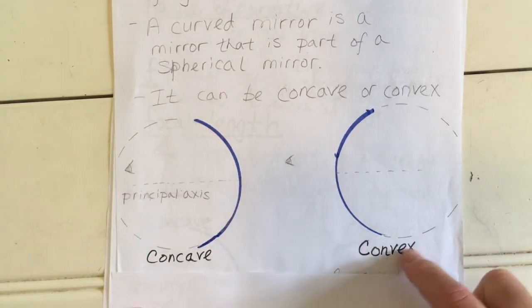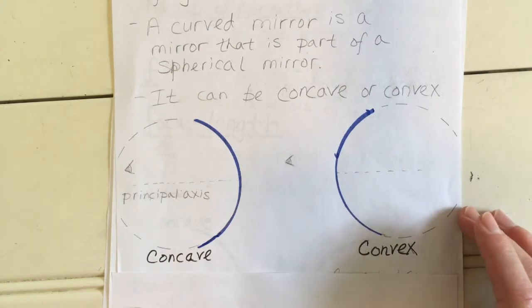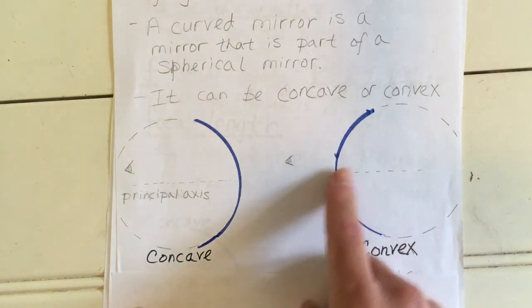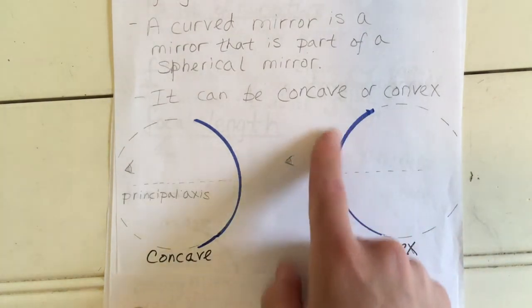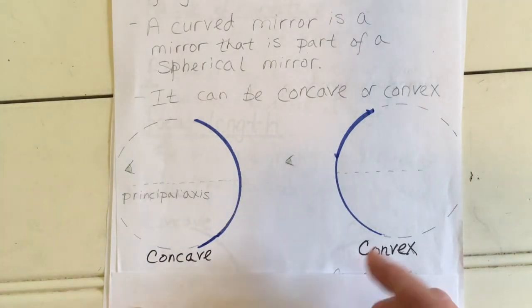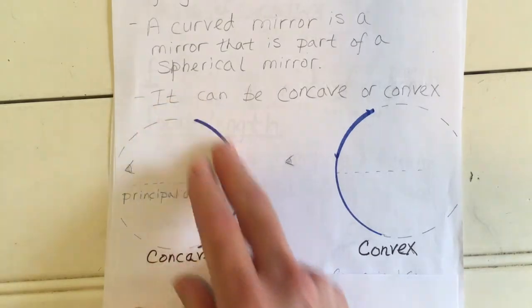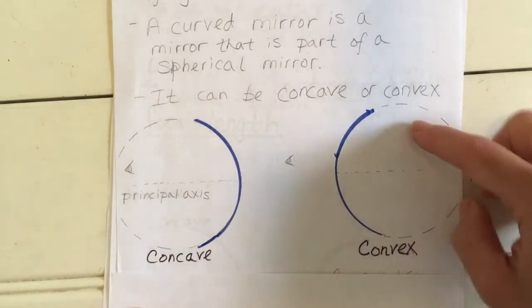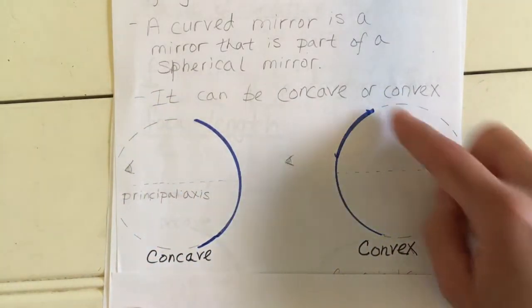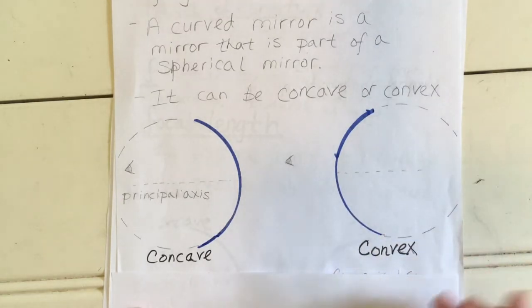And the same is true for a convex mirror. Now we're looking at the outside of the sphere, right? And so this is convex, and when we're looking into a cave, this is concave. You can see I just dotted line the rest of the sphere.